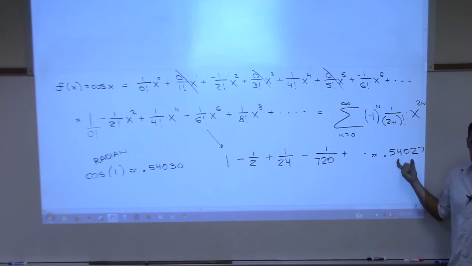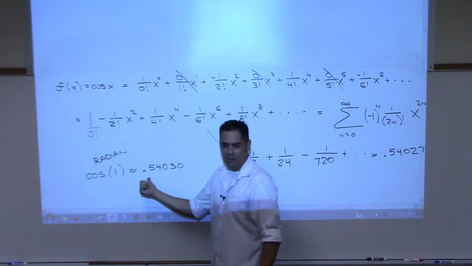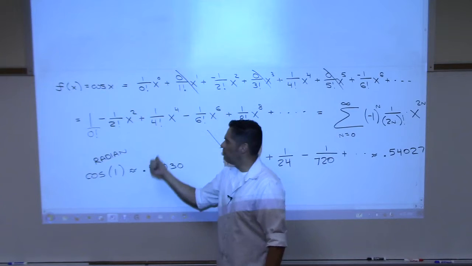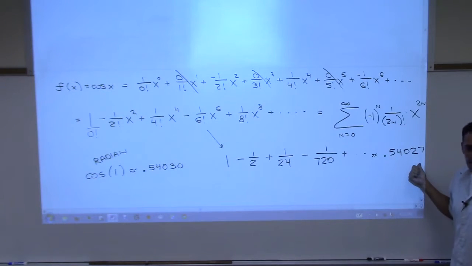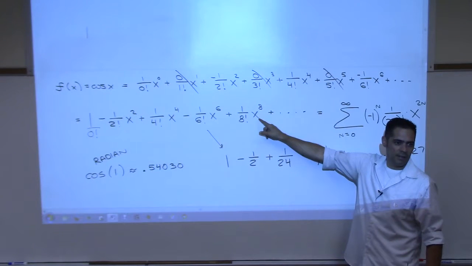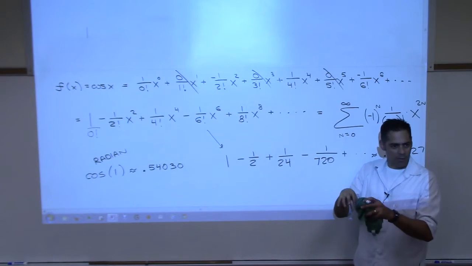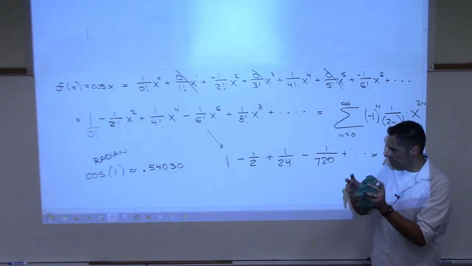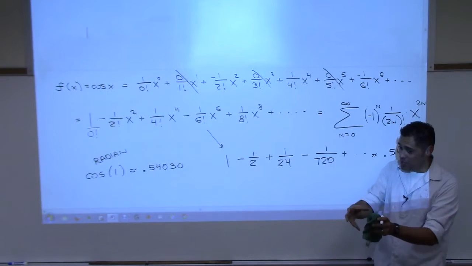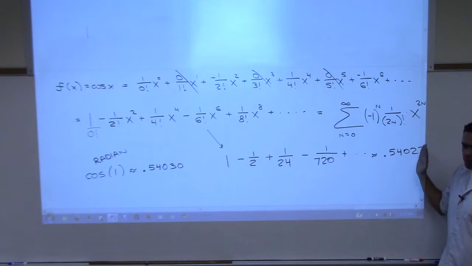Look, I stopped at the fourth term, and I'm pretty close to what your calculator got, right? How did your calculator get this? It computed the series out to a certain place. It has no idea what cosine is. It just did this. Whoever wrote the program for that machine said, I will go out in this series to a certain predetermined tolerance and stop.